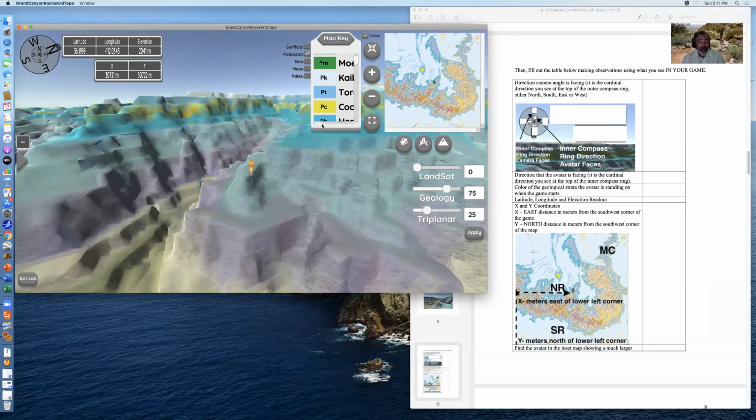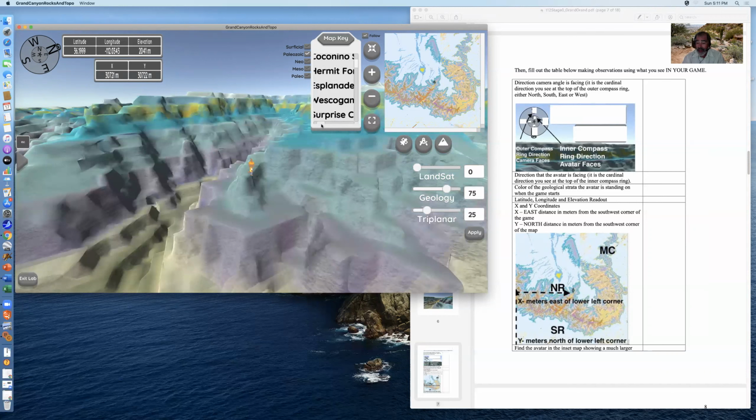Then underneath that is darker blue, the Toroweep, and then a yellowish color, the Coconino Formation, and then the Hermit Formation, and then the Westcote and Surprise.